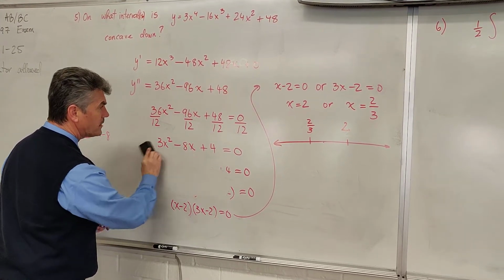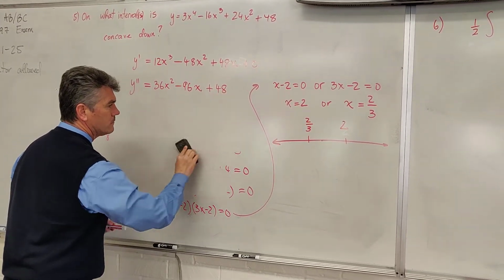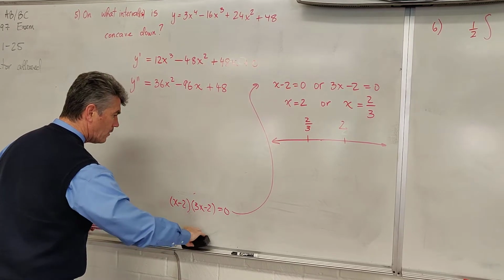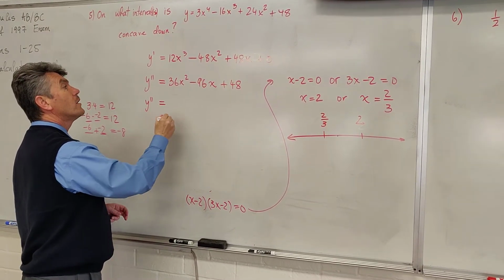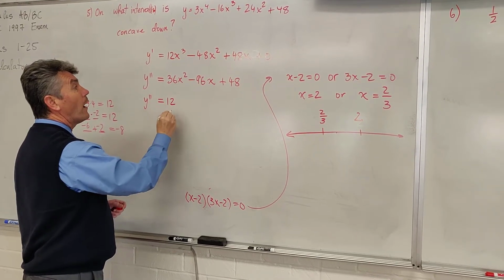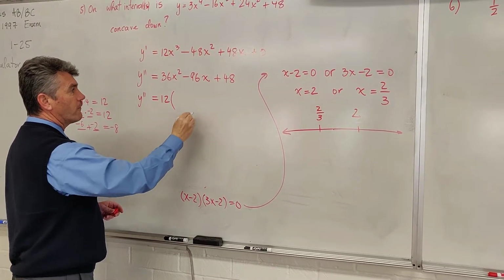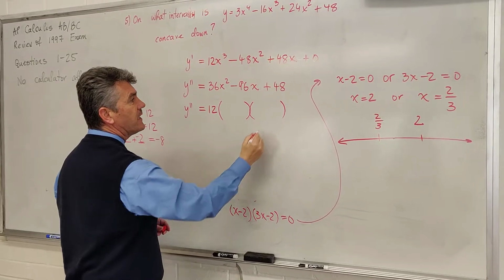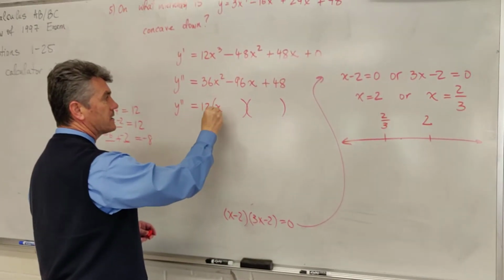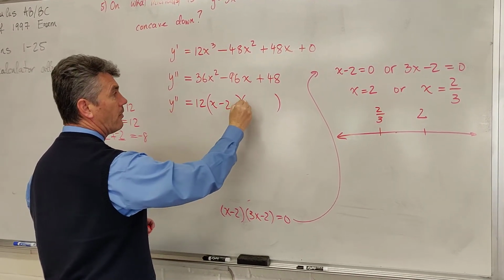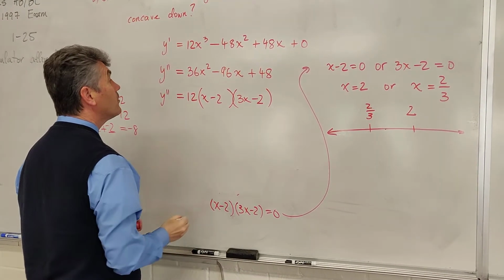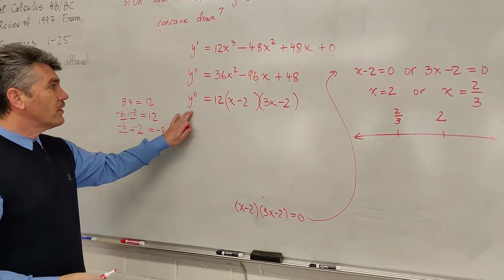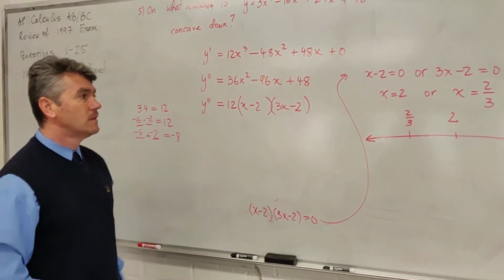I'm going to erase all this work. For the original second derivative, we actually have y double prime is equal to 12 times x minus 2 times 3x minus 2. And we make a sign graph with the second derivative.